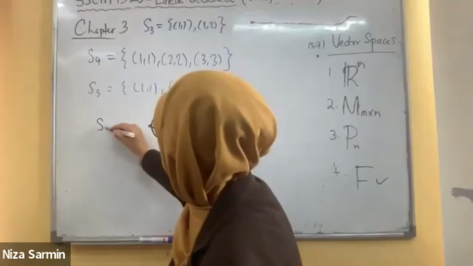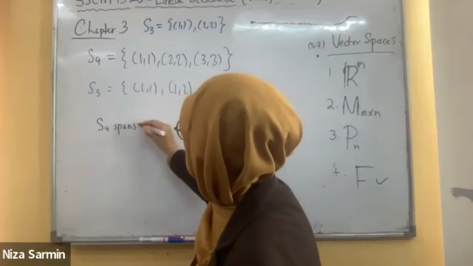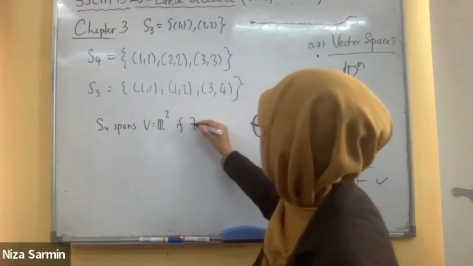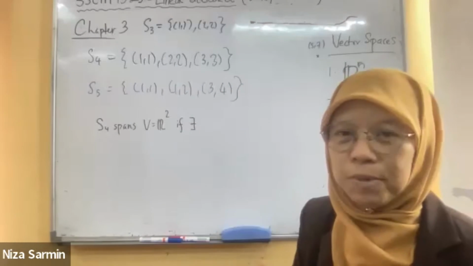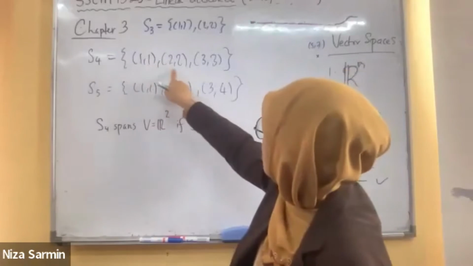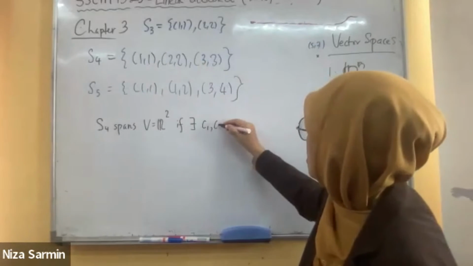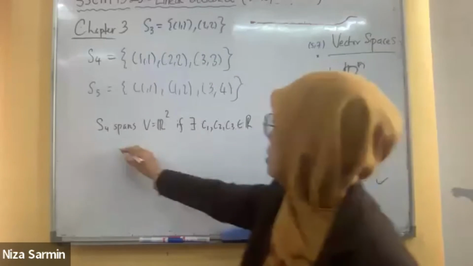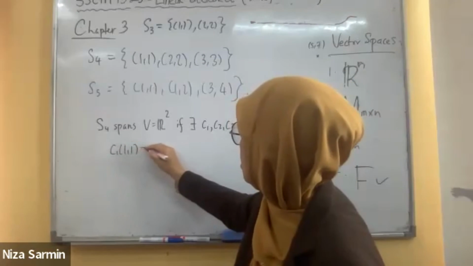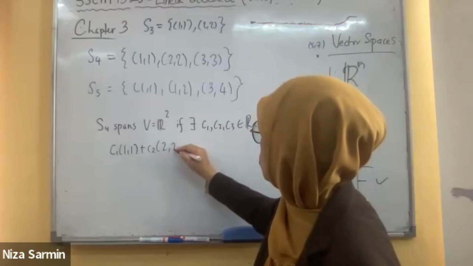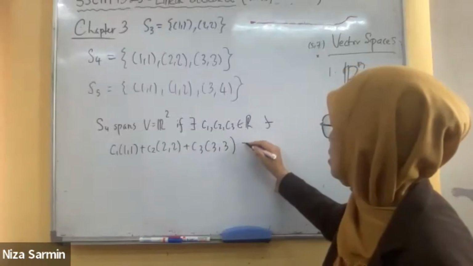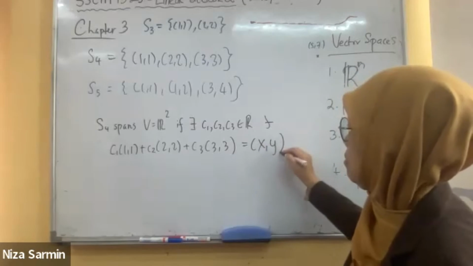So S4 spans V, which is R2, if there exists C1, C2, C3 in R, such that C1(1, 1) plus C2(2, 2) plus C3(3, 3) equal (x, y).